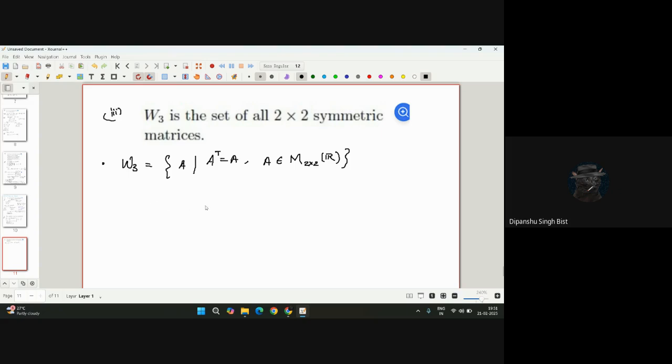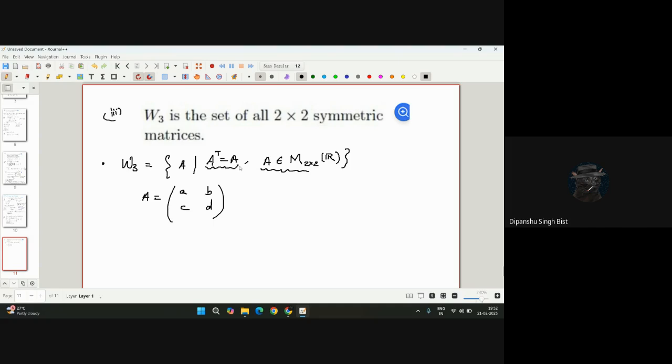Any arbitrary matrix of order 2 cross 2 is A, B, C, D, correct?